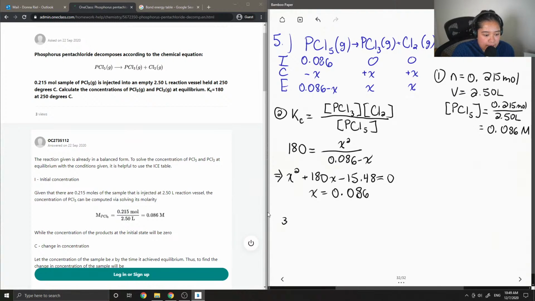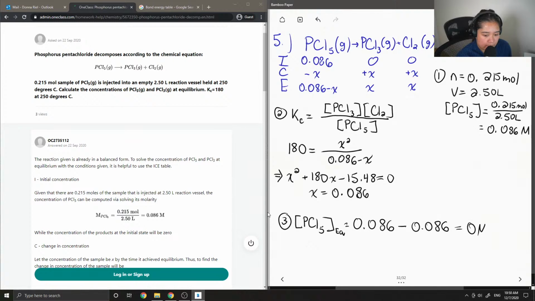Okay, so the last step is just to plug in x into our concentrations at equilibrium. So the concentration of our reactant at equilibrium is equal to 0.086 minus 0.086.